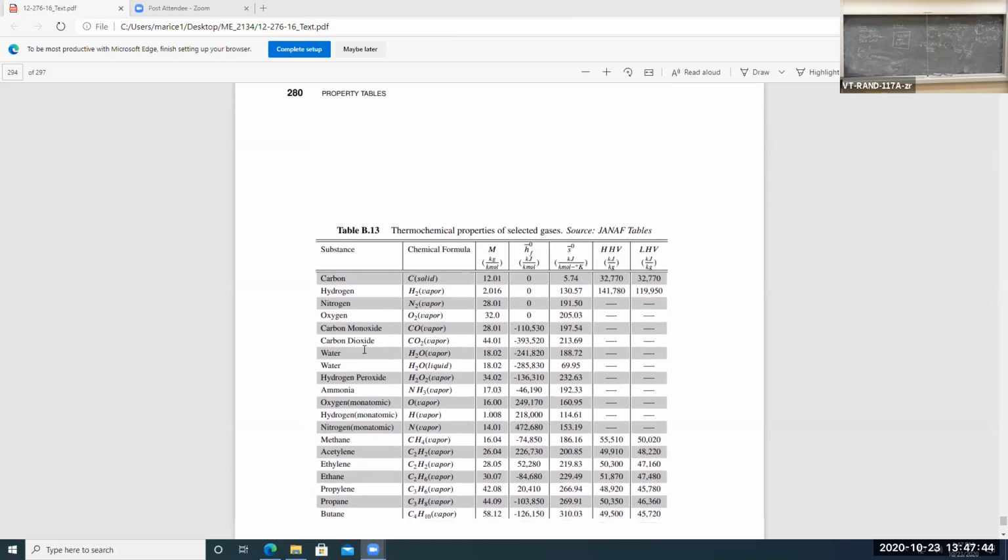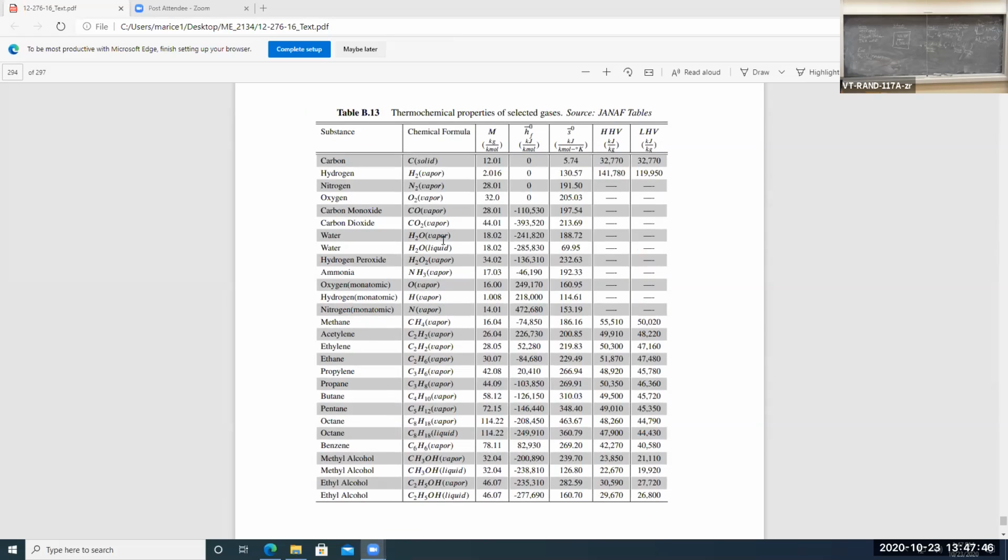So here's B13 for water vapor, enthalpy of formation when the H2O is a vapor versus a liquid. This has to do with the change in enthalpy associated with vaporization, the phase change from a liquid to a vapor, okay? They also have this for some of the fuels.